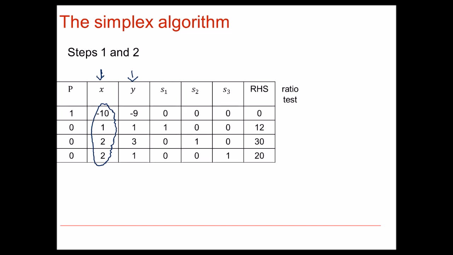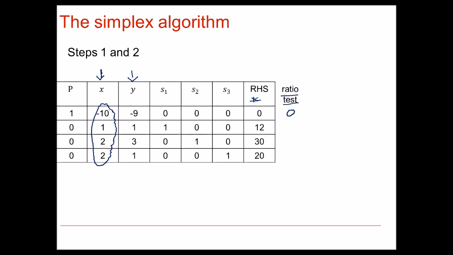Step 2 is to set up what we call a ratio test. To do this, we take these right-hand side values and we divide by the pivot column value in the same row. So here we would have 0 divided by minus 10, which would still be 0.